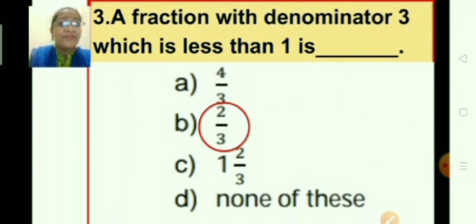The value of the fraction is less than 1. See here children, if your numerator is less than the denominator, then only the value of the fraction is less than 1. So your correct option is 2 by 3, that is option B.